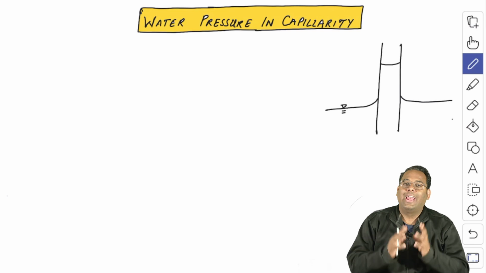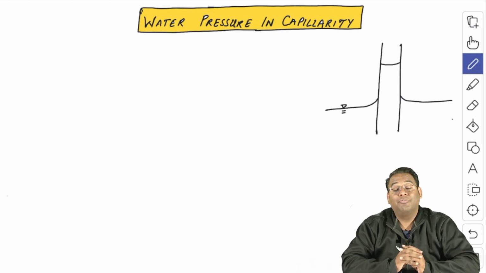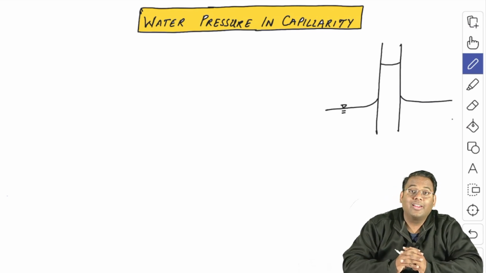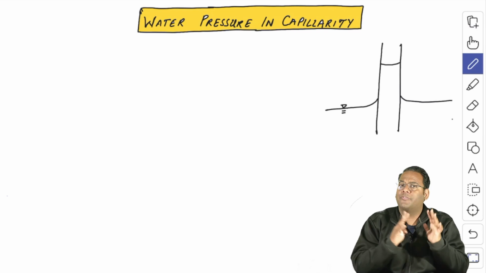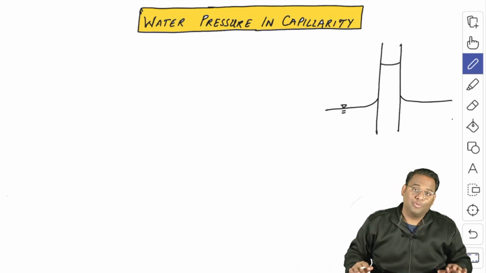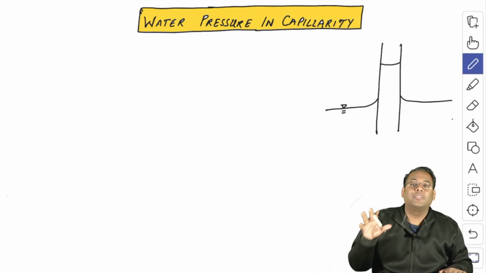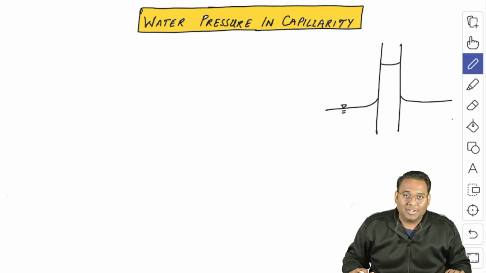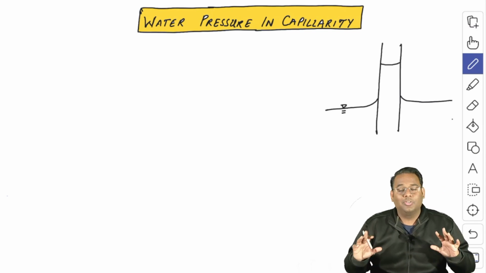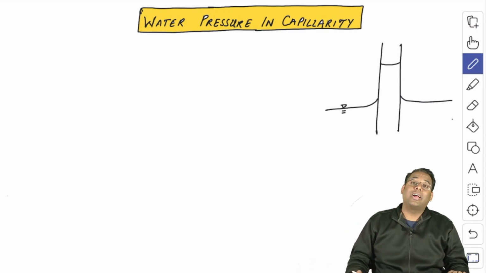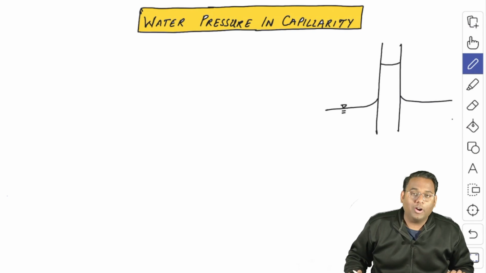Hello everyone, welcome back to this lecture in which we are going to understand how water pressure varies in the capillarity zone and what is the effect of this capillarity on water pressure. As you already know, water pressure is the pressure acting on the water.